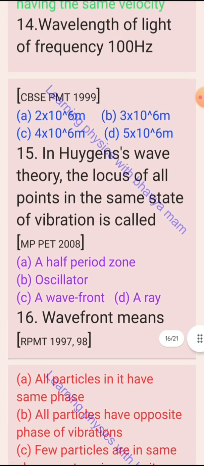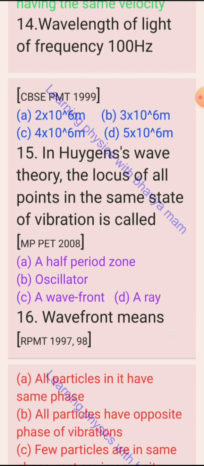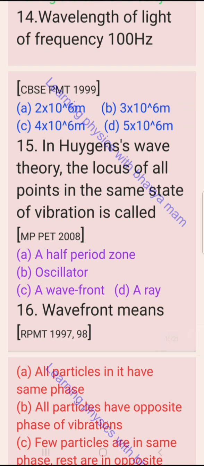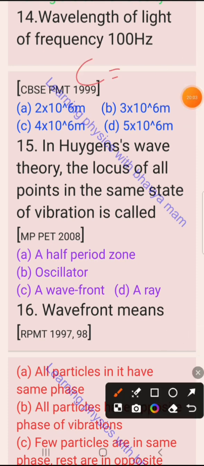Then 14th question, wavelength of light of frequency 100 Hz. We know that the speed of light c is equal to f lambda, or nu lambda. Nu is frequency, which is 100 Hz. Wavelength lambda is equal to c by nu.